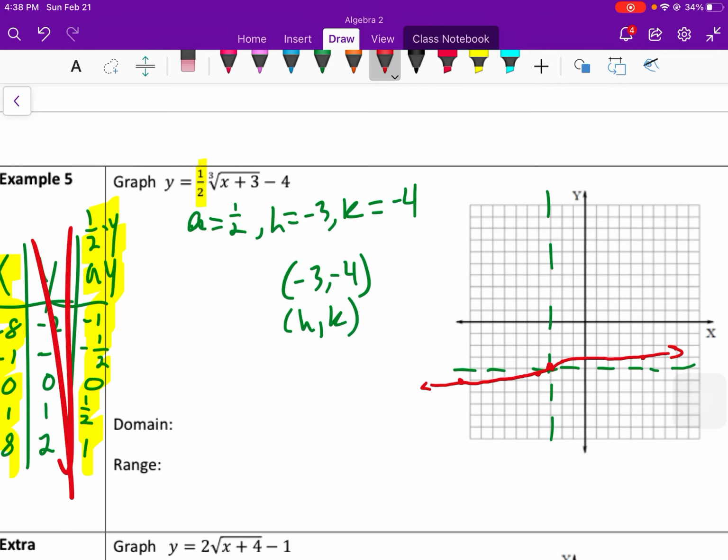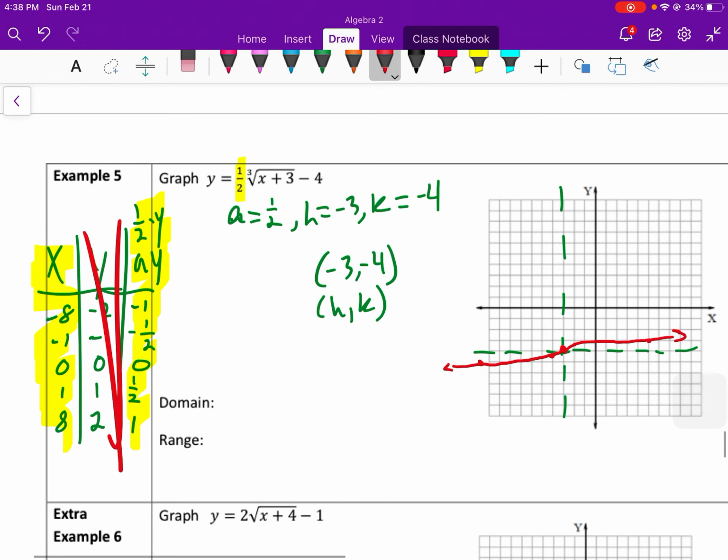So there's that, and there's that. The domain, it's cubic. So again, we have all real for both our x and our y.